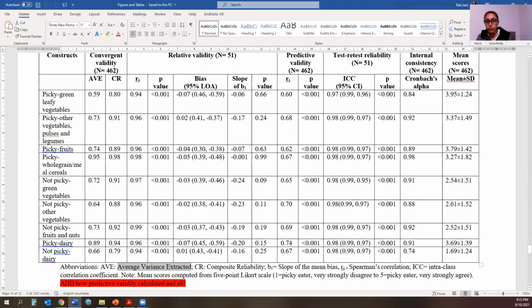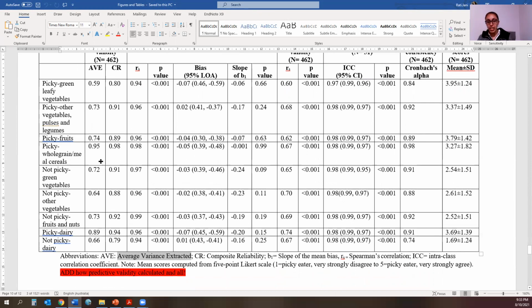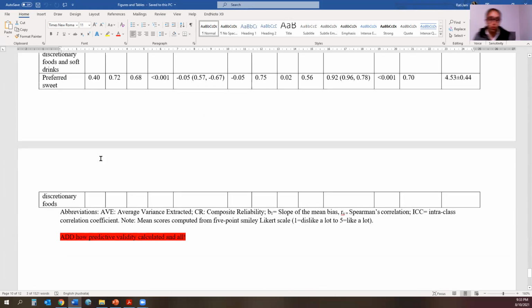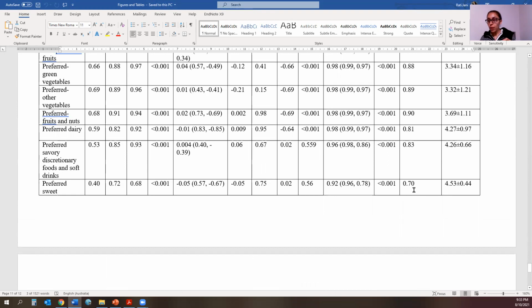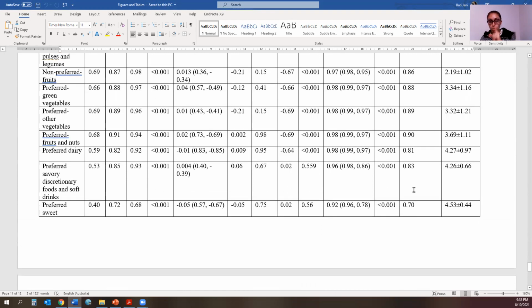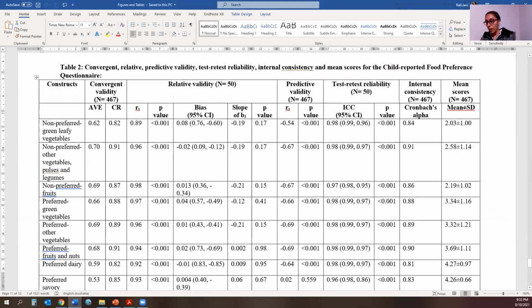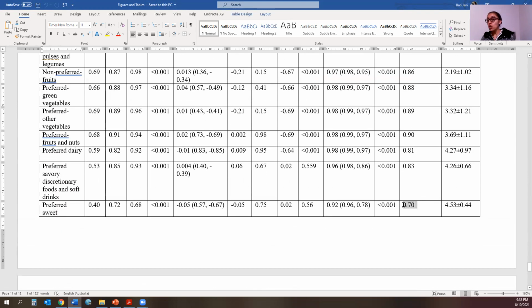Okay. Now, I told you that the maths behind convergent validity is much more sophisticated. Let me show this to you over here. Why did I say the maths is more sophisticated? Because if you remember, for my sweet junk food construct, I had a Cronbach alpha of 0.7, and I just met it.